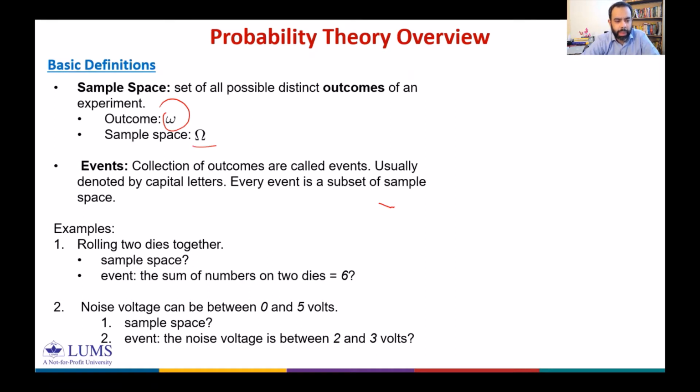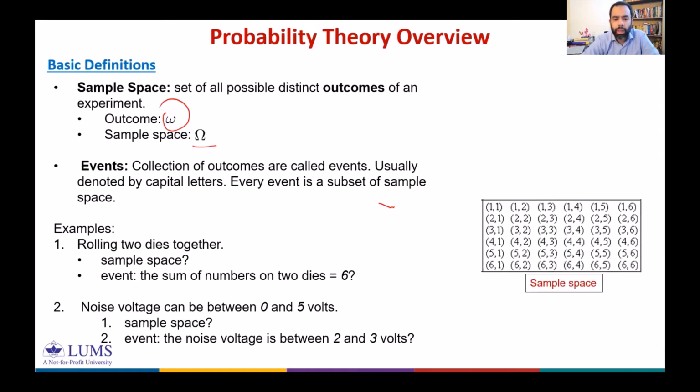A couple of examples. If you roll two dice together, what is the sample space? The sample space would look like this. You can have 1, 1 on both dice, or you can have any number between 1 and 6 on each die. So we have a two-dimensional sample space, discretely sampled. An example of an event could be that the sum of numbers on two dice is equal to 6.